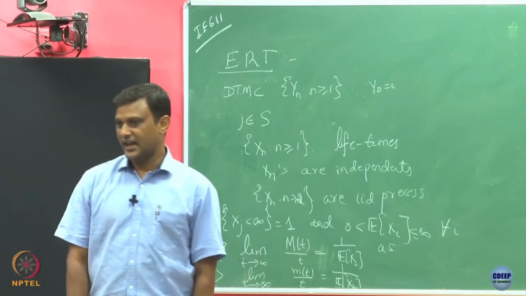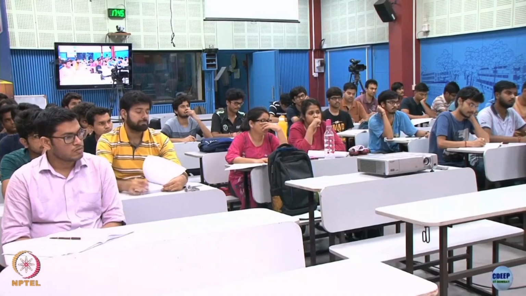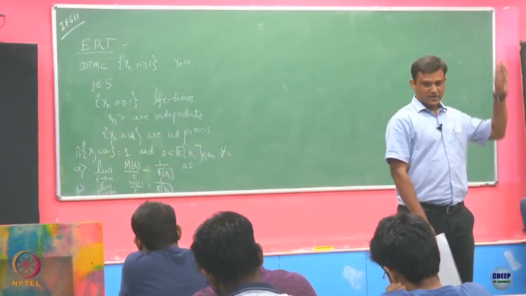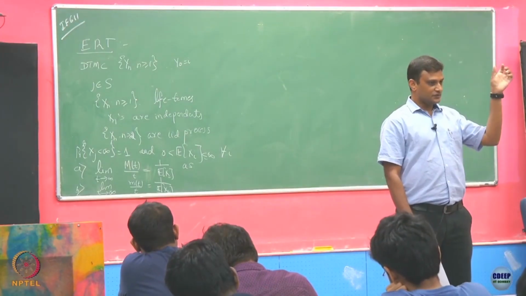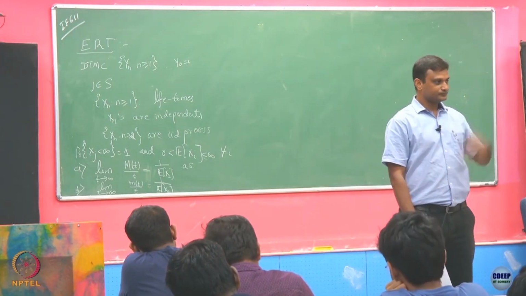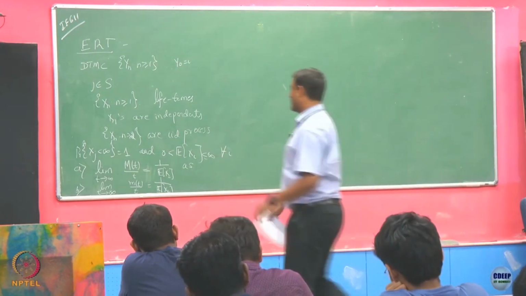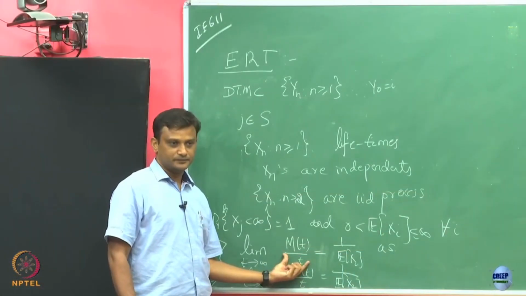Right, we discussed this last time. If the expected value of x2 is large, that means I am not returning to my state in a small number of steps, maybe I am going to take a large number of rounds to come back. In that case, I do not expect this quantity to be large.